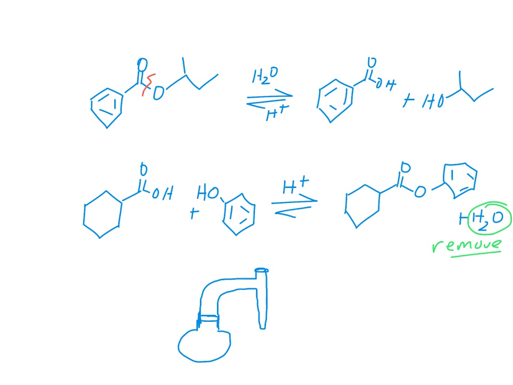And then on the top up here, we put a water condenser. So, in our flask, we put our two reactants, and we are going to run this reaction. Most commonly, for the solvent, we're going to use benzene.